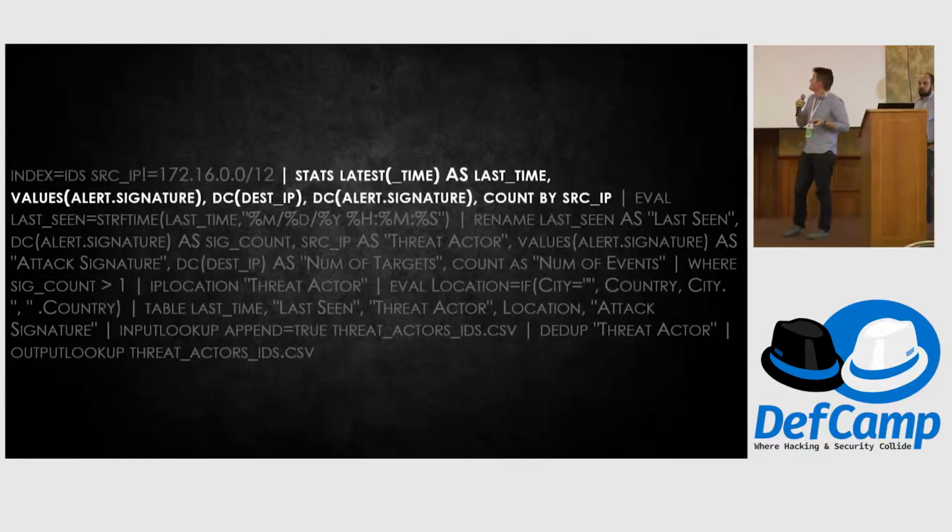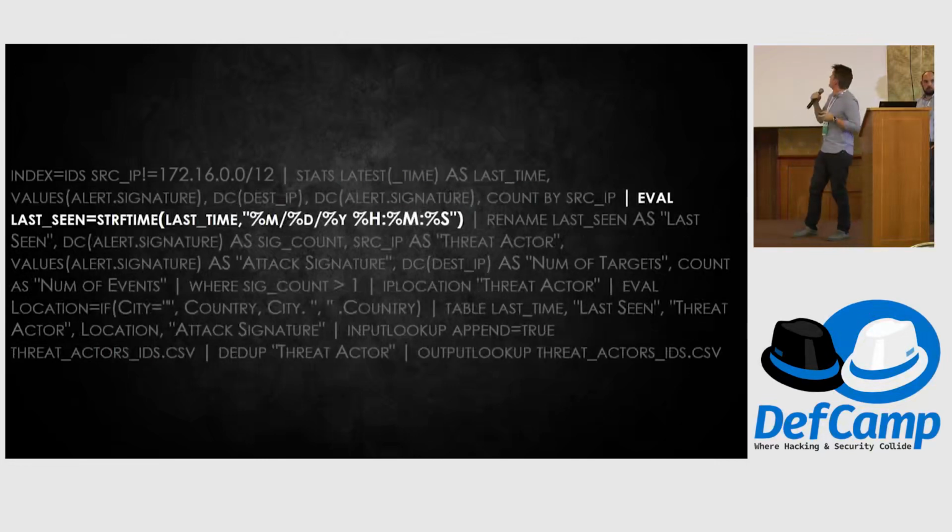Next, we're going to use some of Splunk's stats functions to count the number of events that are happening, separate it out into distinct values by IP, look at the actual signatures that are coming out, and format it in a nice way so that we can get some valuable data on each of those IPs. Next, we don't just want to know what they're doing, but when they've done it.